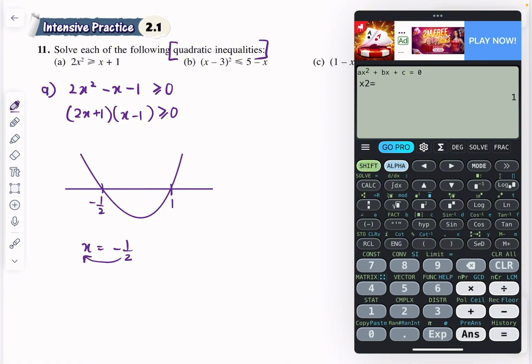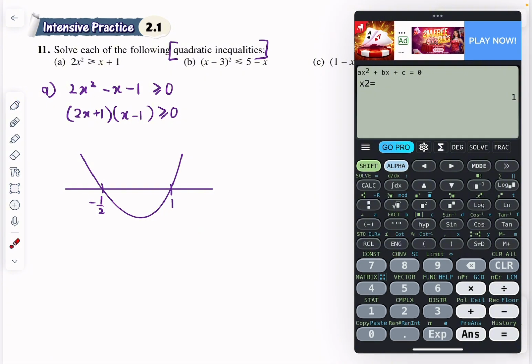So 2 times x will be 2x. Negative 1 you bring there will be plus 1. Therefore 2x plus 1. Here x is 1. So x minus 1 will be inside the bracket. Okay, this one you don't need to write. It's just once you do a few times you already get it. But you have to show these brackets in your working. It's part of your working.